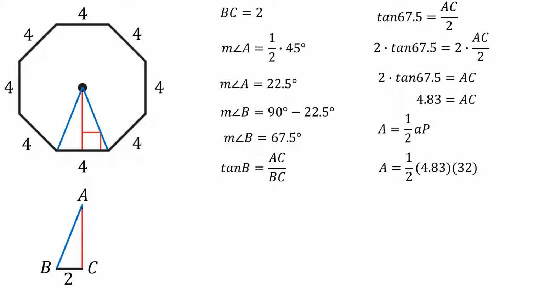Remember from the previous slide that we figured out the perimeter was 32. So I got to do 1/2 times 4.83 times 32. Answer is pretty close to 77.25. Since I was not given any dimensions, I just have to go with square units.